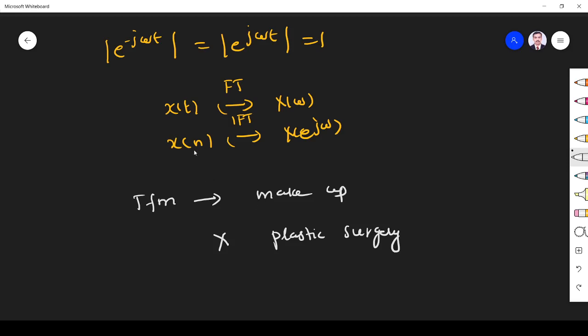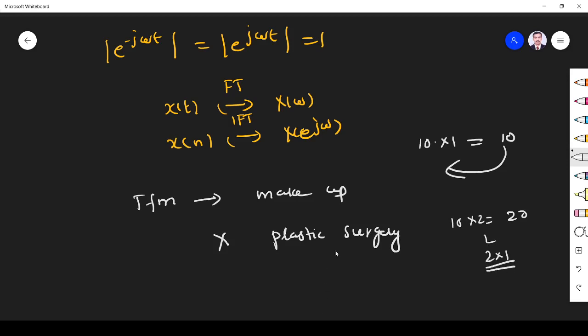So when can I get back my original? Only when you multiply your signal by 1. Yes or no? For example, 10 multiplied by 1 will give 10, so you can get back your original 10. Similarly, when you multiply 10 by 2, what will happen? 20. So this I can write as 2 into 1.